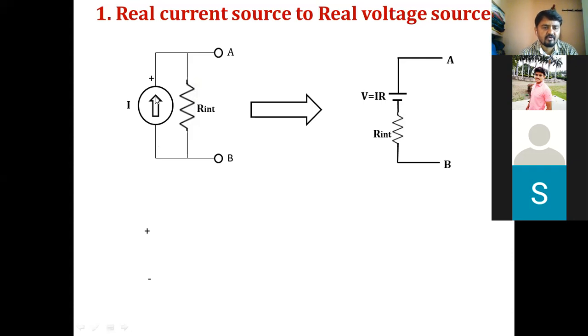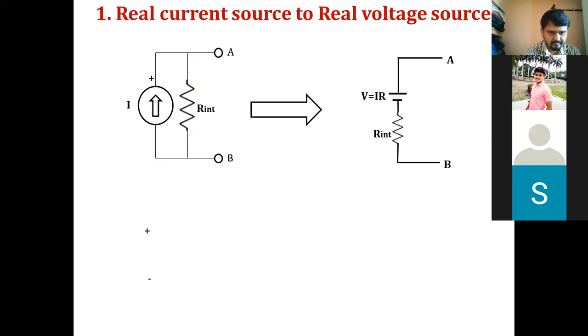So V equal to I into R. This parallel resistance we have to connect in series. Current to voltage means parallel to series. Voltage to current is nothing but series to parallel. You have to remember this. Voltage source with resistance should be in series. Current source with resistance should be in parallel. These 2 points you have to understand very clearly.